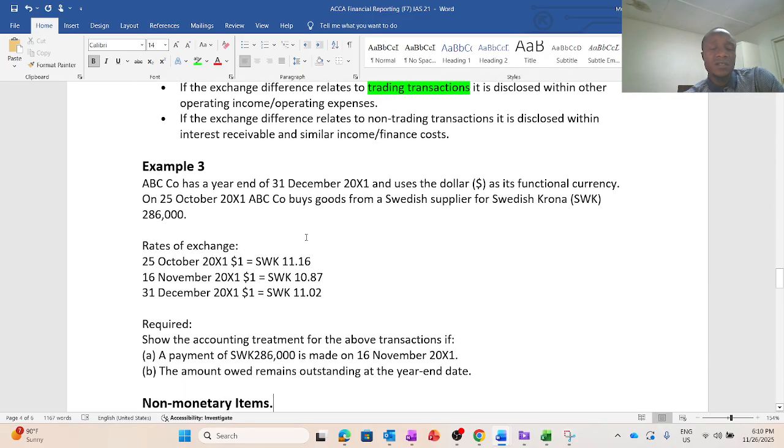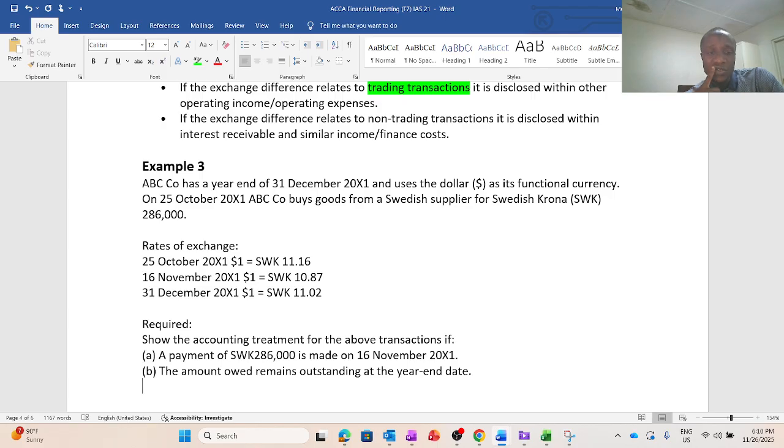So now let's look at example 3. It's nearly the same as the previous two examples, but let's try to solve it so we can understand better. ABC Co has a year ended 31st December 20x1, so the accounting period starts on the 1st of January 20x1, and uses the dollar as its functional currency. On the 25th of October 20x1, ABC Co buys goods from a Swedish supplier for SEK 286,000.